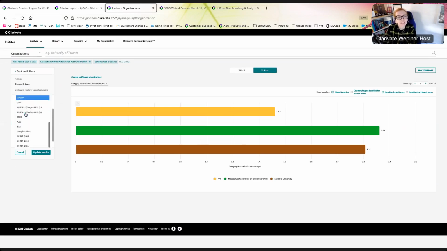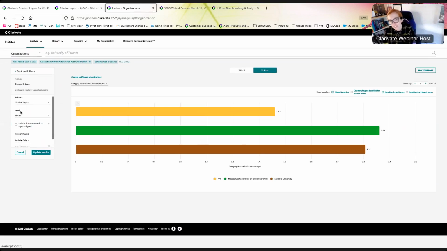This is listed here, the REF and the RAE, as well as citation topics, which is a specific categorization that is a lot more granular than the broader Web of Science areas that come directly from the classification of the journals and the publishers. You could do that too, and you can select them.